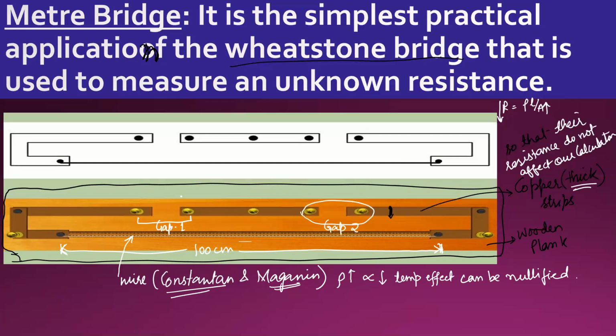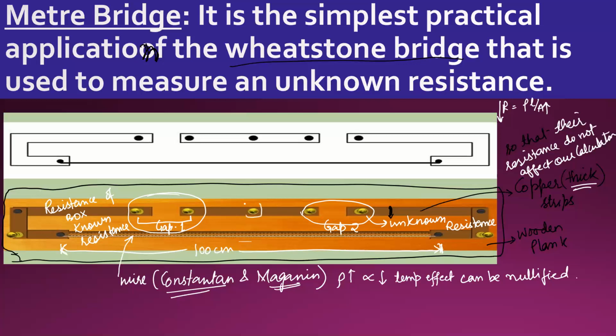In the first gap, we place the resistance box of known resistance, and in gap 2 we place the unknown resistance.